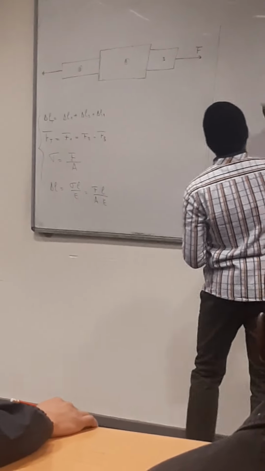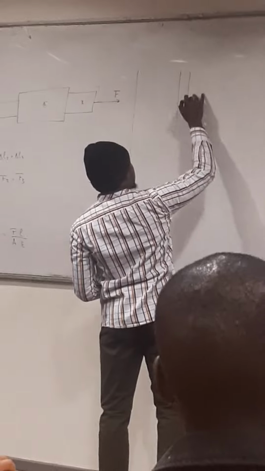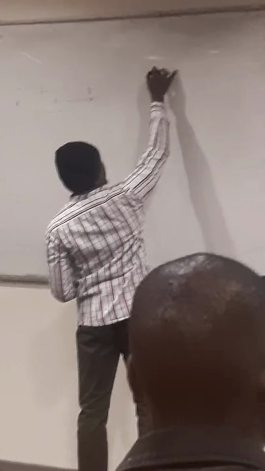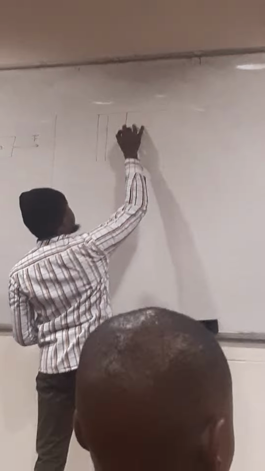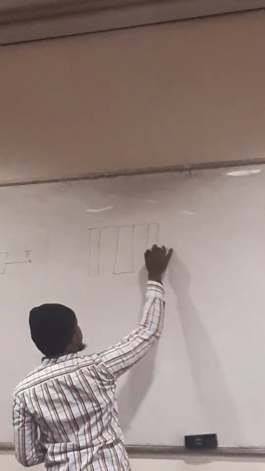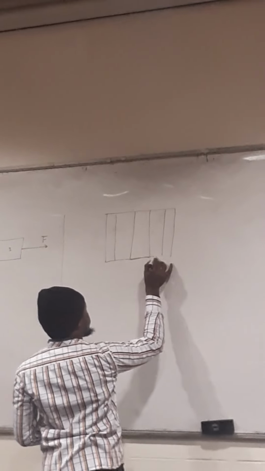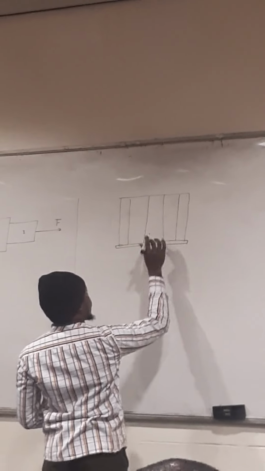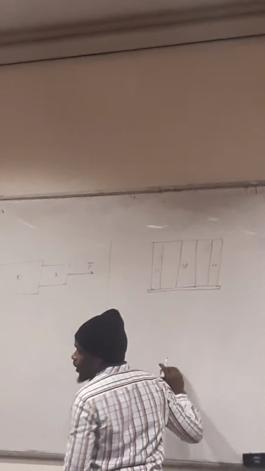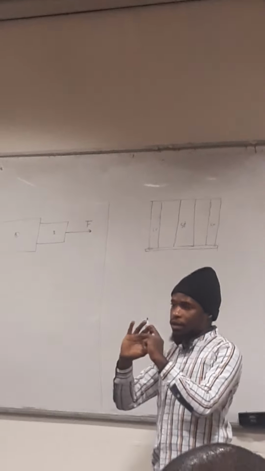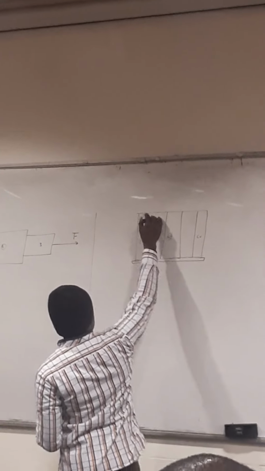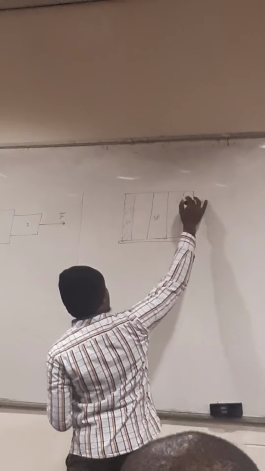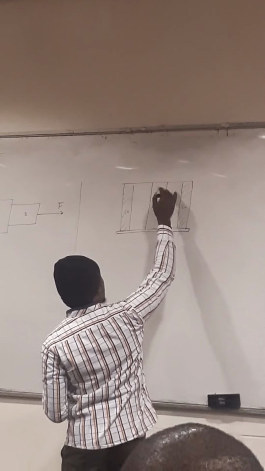Now we come here. If they are placed in parallel, something like this. Now, this is copper. We're trying to look at it as if it's a circle.